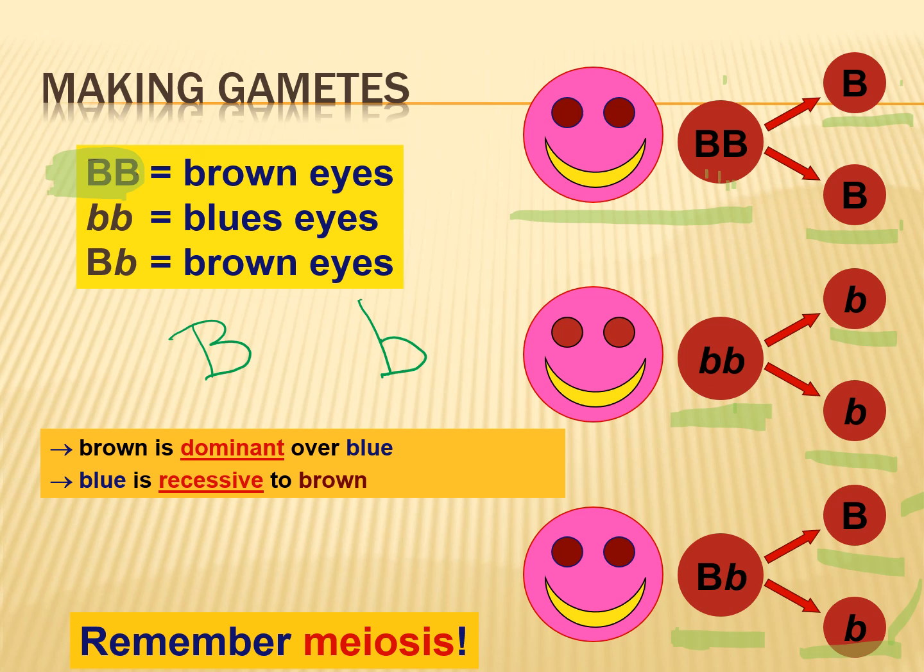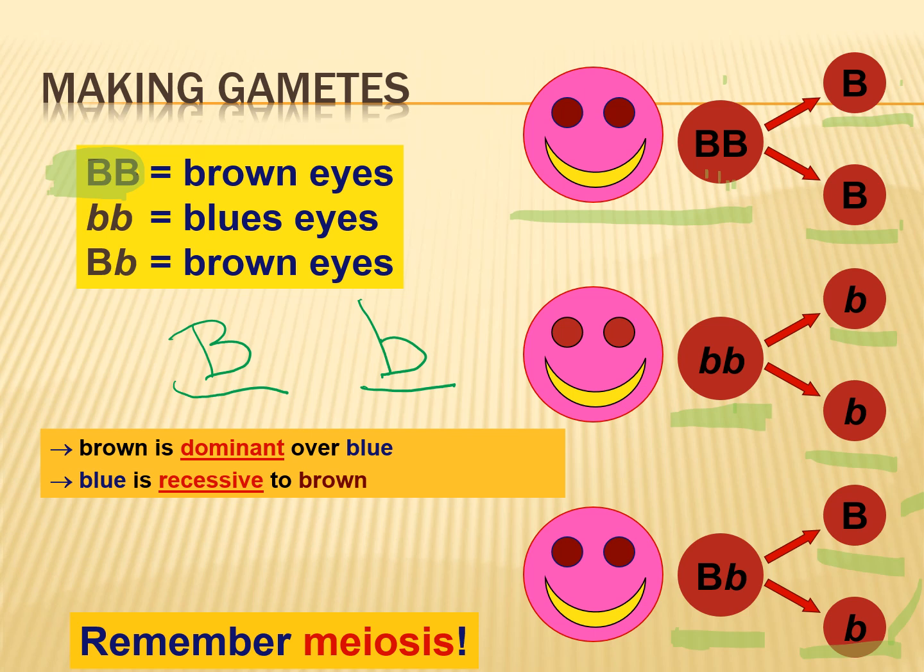And that's the way that the lettering is used. The dominant phenotype gets the big B, the recessive gets the lowercase letter. In this case, because brown and blue both start with B, it's the same.